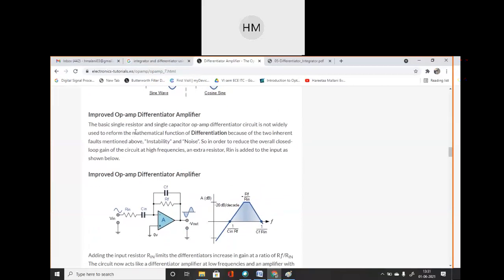The basic single resistor and single capacitor op-amp differentiator circuit is not widely used because it creates instability and noise problems. To reduce the overall closed loop gain of the circuit at higher frequencies, see what happens, students: at higher frequencies, this capacitor value becomes very, very low. So this is not coming into existence in the circuit.